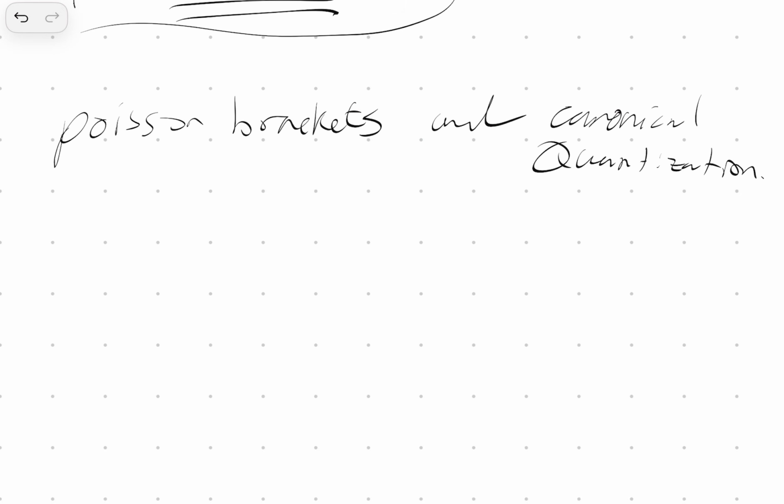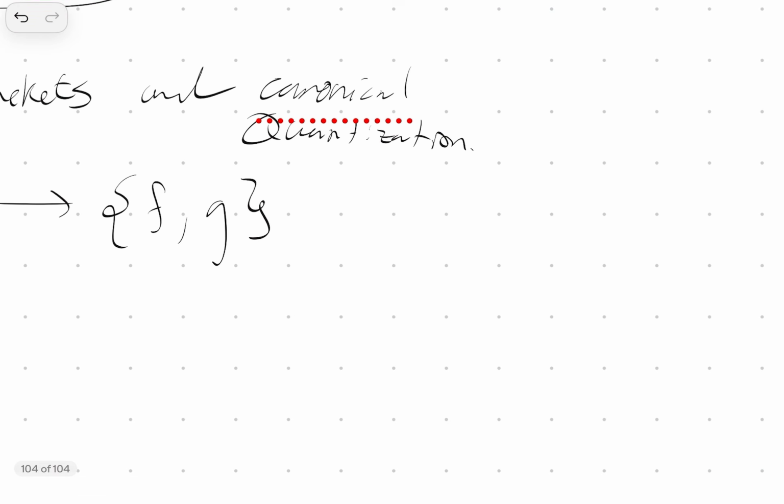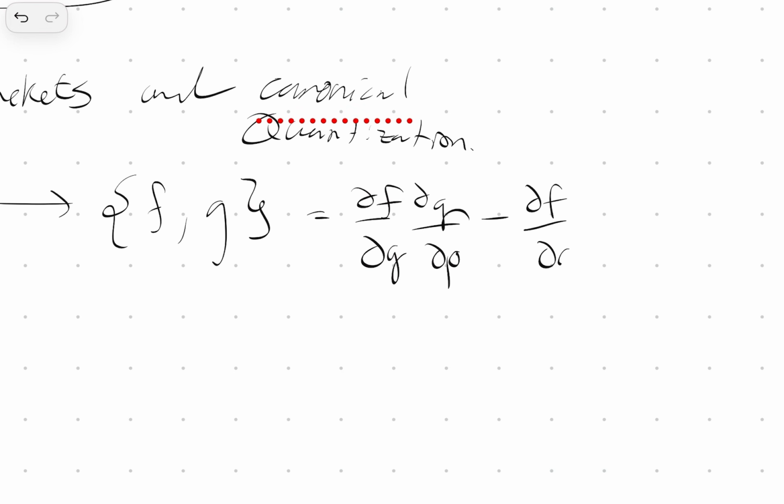All right, so in classical mechanics, you have a phase space with Q and P that carries the canonical Poisson bracket. If I took the Poisson bracket of F and G, this is the partials, kind of the difference of their partials mixed together here.